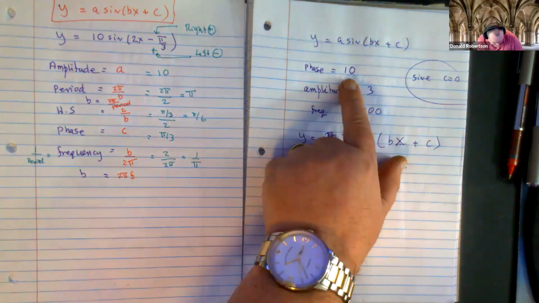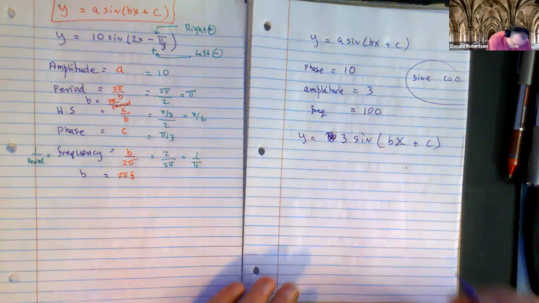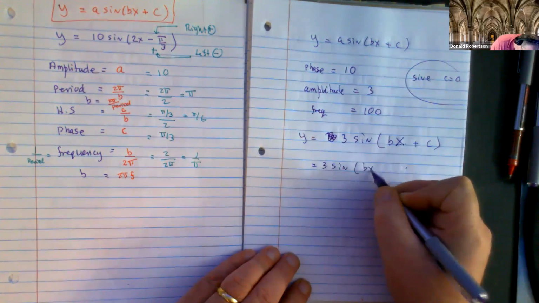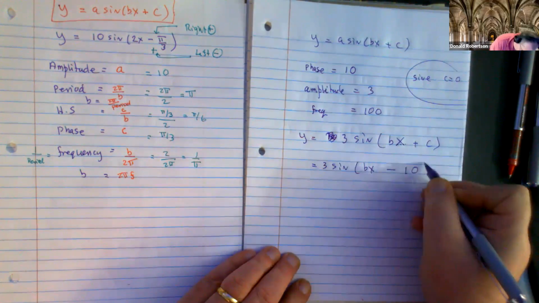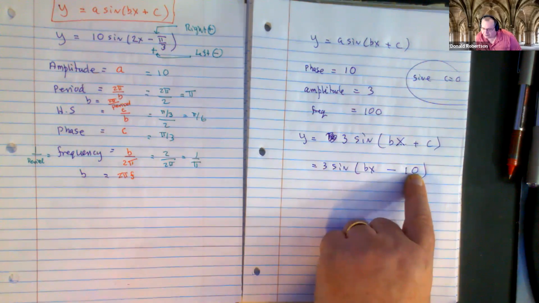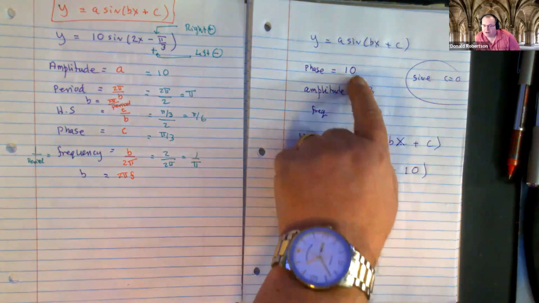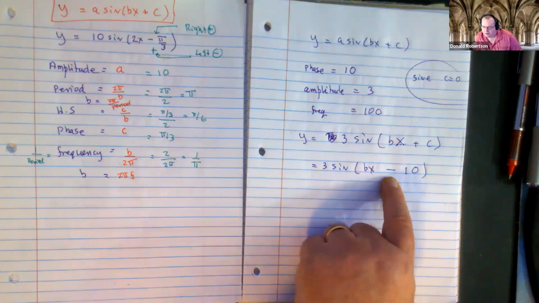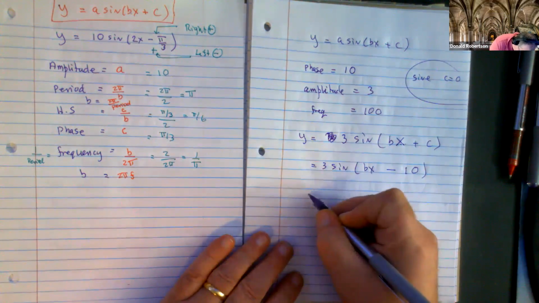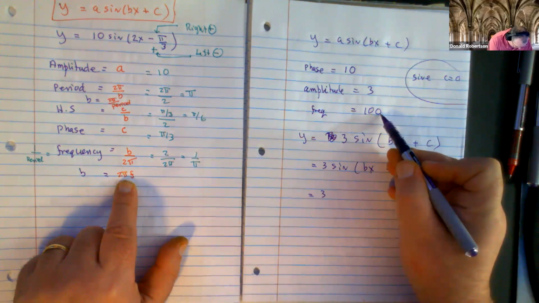Okay. If I know that the phase is 10 and it's positive 10, I can use that. Positive 10 gives you negative 10. This number with nothing done to it is your phase, apart from putting a negative in. Now to get B, don't I need to use this one since you tell me the frequency?